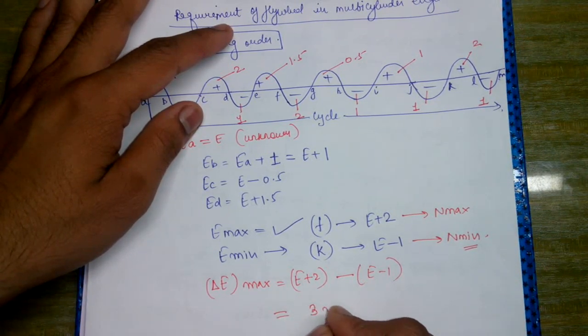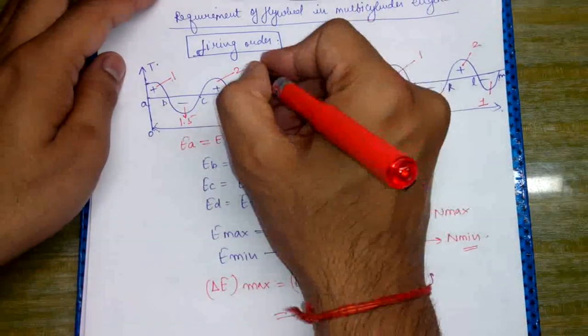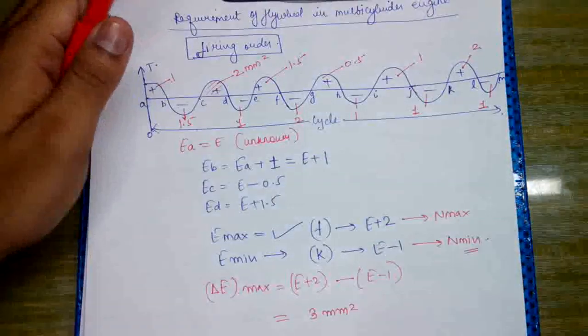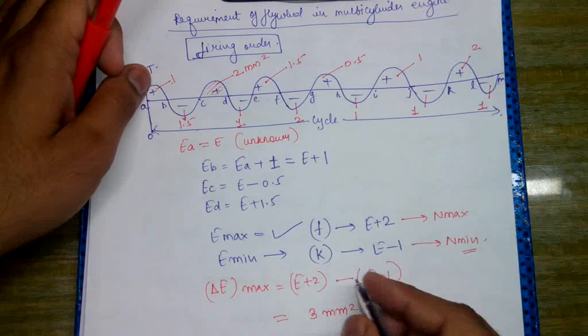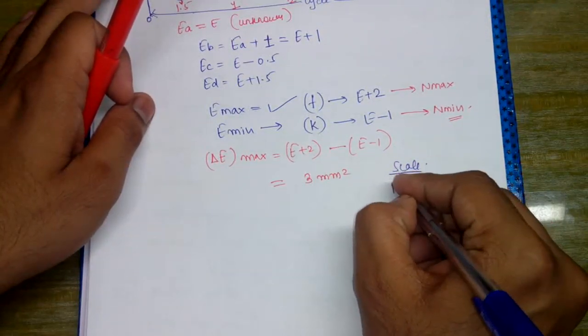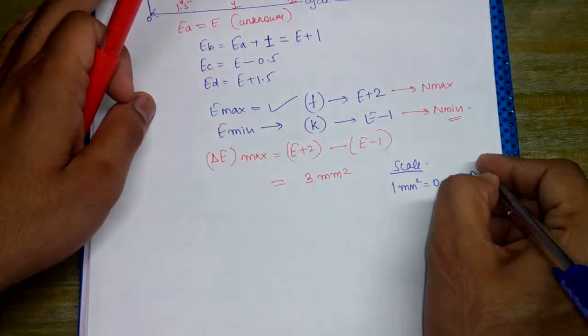This is simply equal to 3 mm square. Actually these digits 2, 1, 1.5 are in mm square. That means the areas of these portions have been given to us. For example, in the question, the scale may be taken as 1 mm square is equal to 0.06 joule.